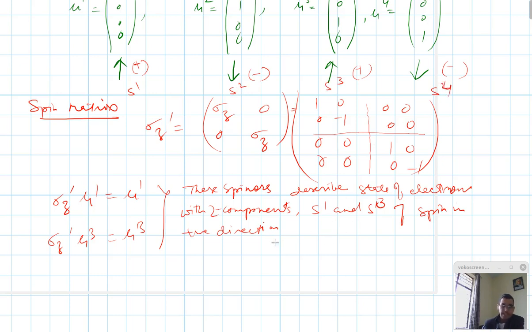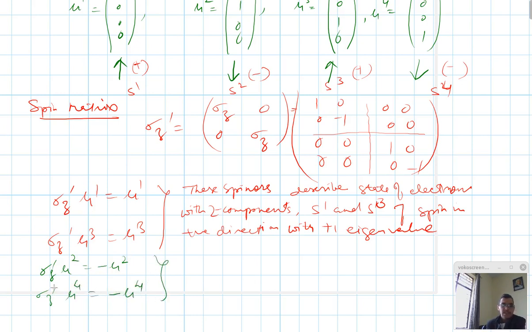I will talk about it later. So in the positive direction, with plus 1 eigenvalue, and similarly sigma z prime u2 is equal to minus u2, and sigma z prime u4 is equal to minus u4.